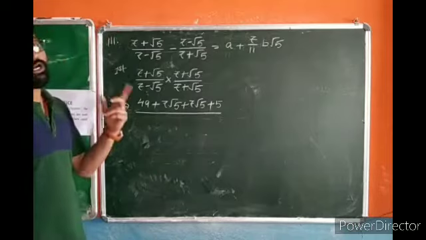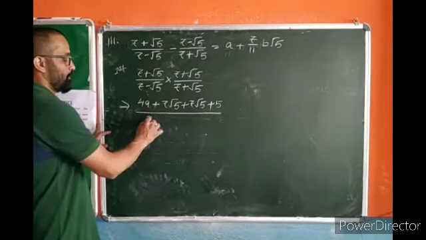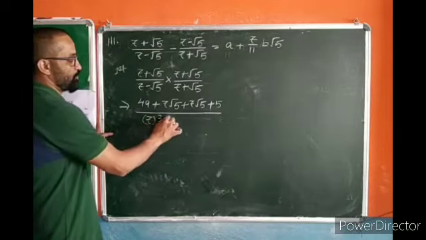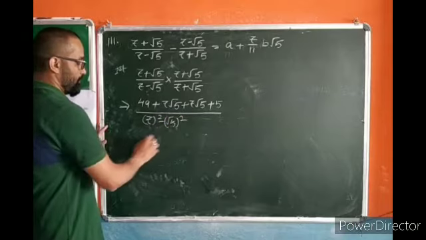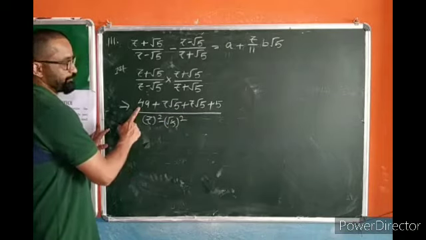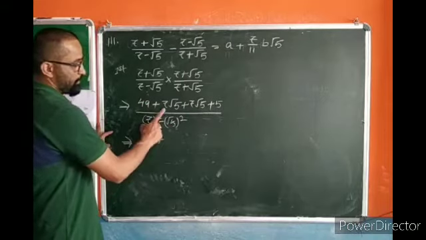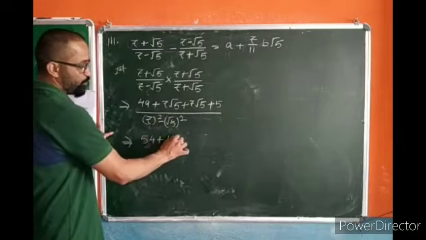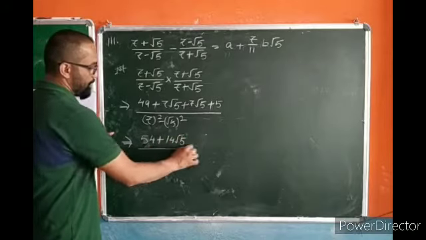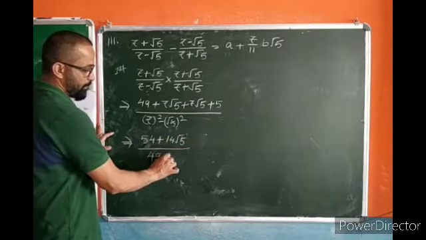We use the algebraic formula, 7 whole square minus root 5 whole square, which is 49 plus 5 is 54, 7 plus 7 is 14 root 5, divided by 49 minus 5.